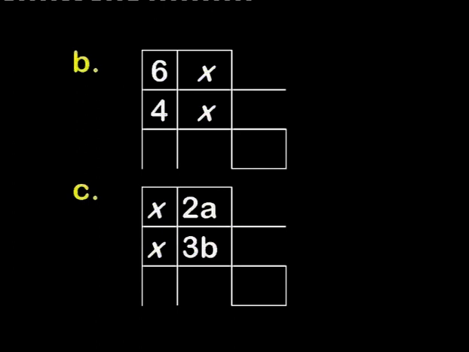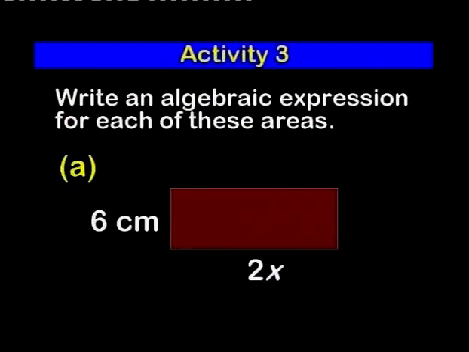Right, activity 3 is for you to find the area of these given shapes. We are going to do this as an example together in class, and I'll let you do B and C at your own time. Now the instruction says write an algebraic expression for these areas. Class, what is the area? What is the formula that we use to calculate area?